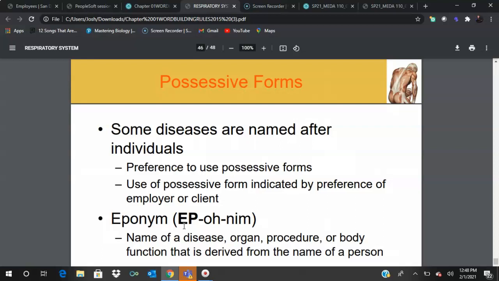All right, and one last little thing is something called an eponym. An eponym is a possessive form for names of diseases or organs that are named after an individual. It basically means that a disease, organ, or procedure is derived from a person's name.